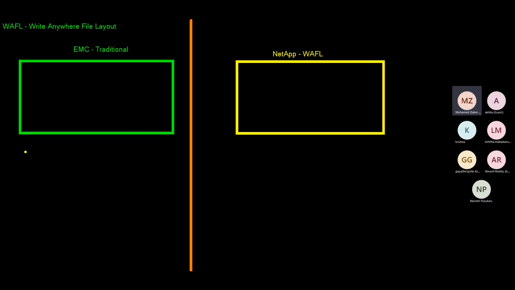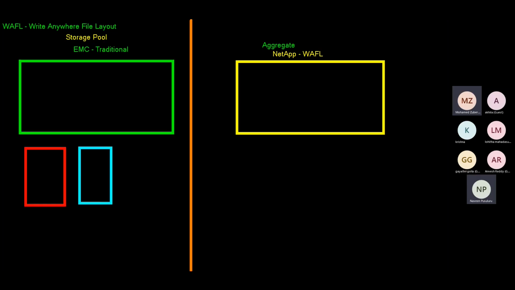Let's assume this is a storage pool. In EMC, we call it a storage pool. In NetApp, we call it an aggregate. Let's assume I have created volumes here. They call them differently, not volumes but file systems, whatever we are presenting storage on.